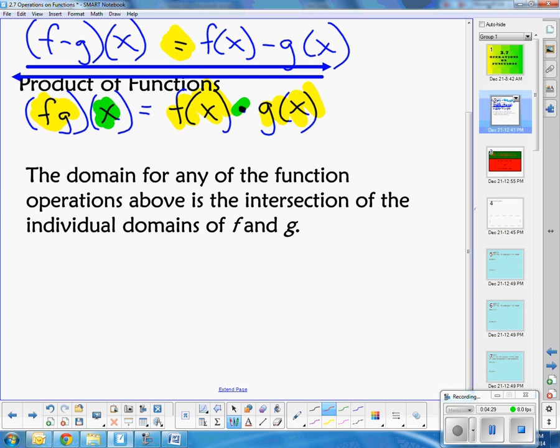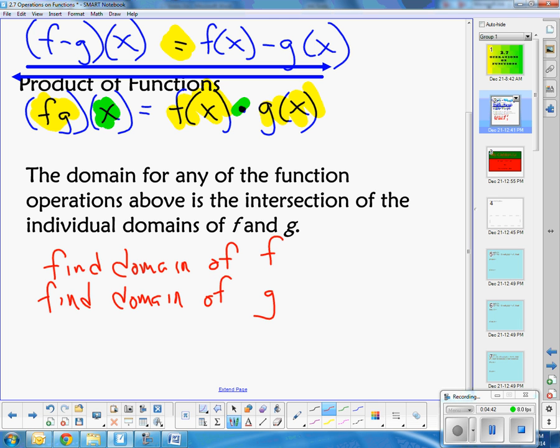So basically what you would do is you would find the domain of f, pause there, you'd find the domain of g, and you would see where they intersect, see their intersection. And we'll do an example of that in a minute.